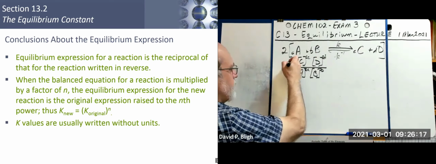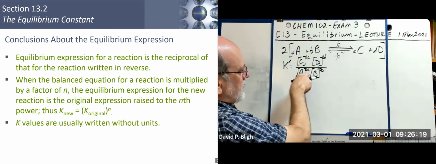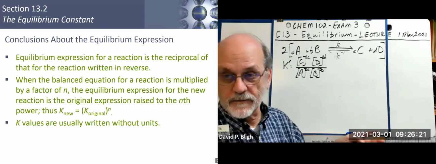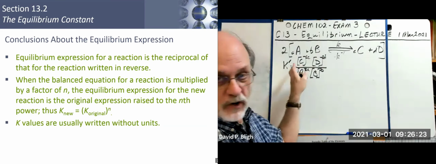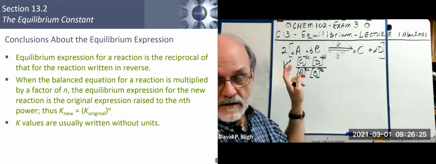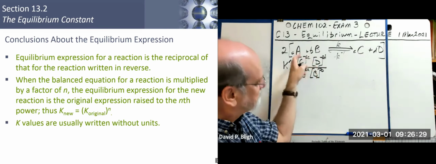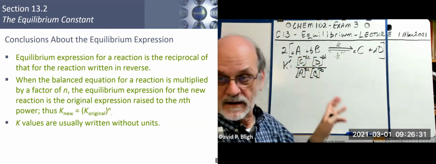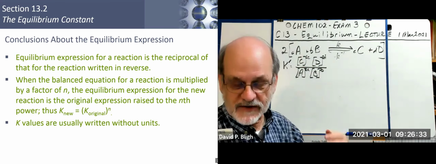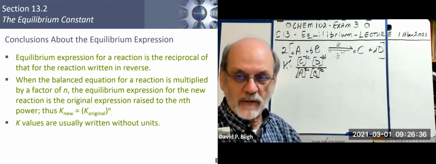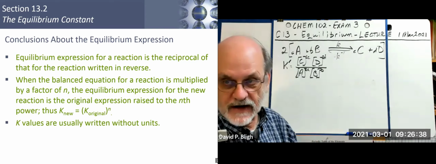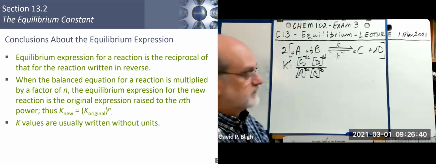So this new K, and you remember in algebra, if each of these multiplied factors has a power that can be reduced by some whole number factor, that whole number factor comes out of that expression. You factor it out.